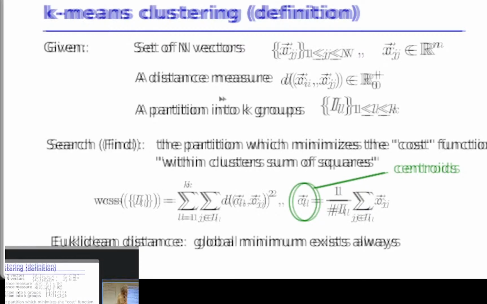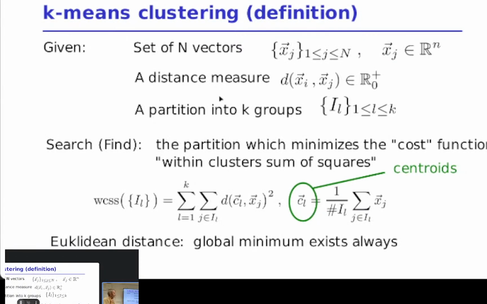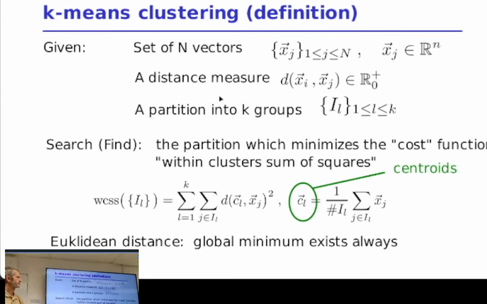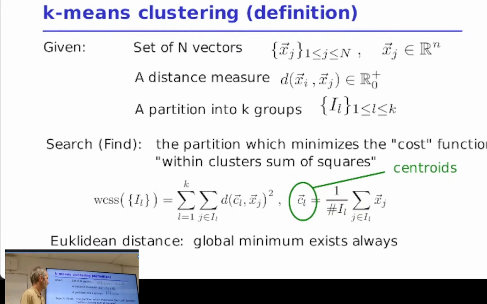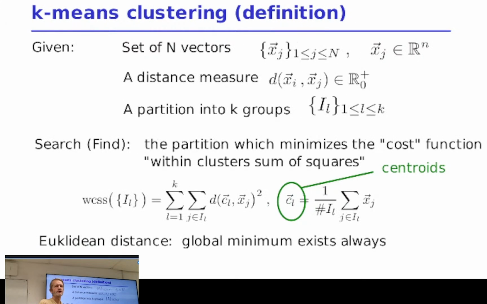Okay, and now, what will be the best partition? So the best partition will be that one where the distances between the vectors in one group is smallest. Okay, yeah.